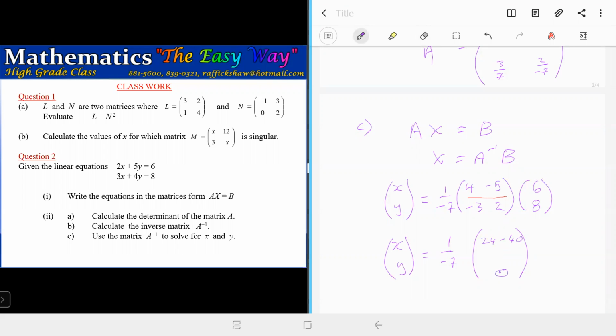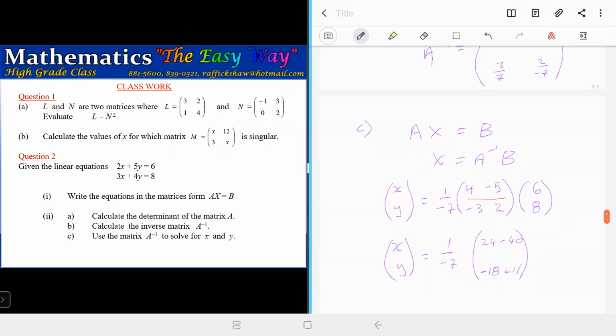And this element down here is second row, 1 column. So it's -3 times the 6 and 2 times the 8. -3 times 6 is -18, and 2 times 8 is 16.